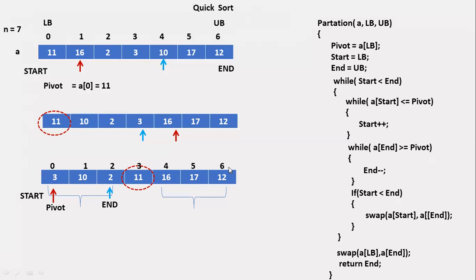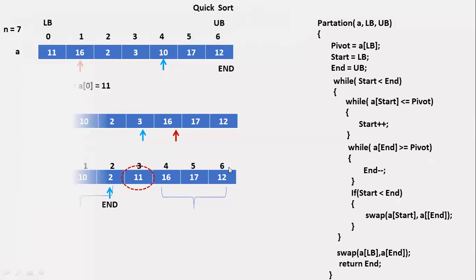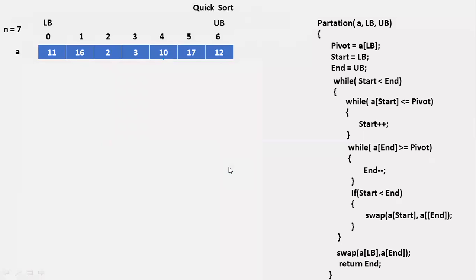Now let us see how to write the code for the quicksort algorithm. Okay. So let us see how to write the code. So this is a very simple and easy way to write the code. So here in quicksort, we have to supply the array value, that is name of the array, lower bound and upper bound.